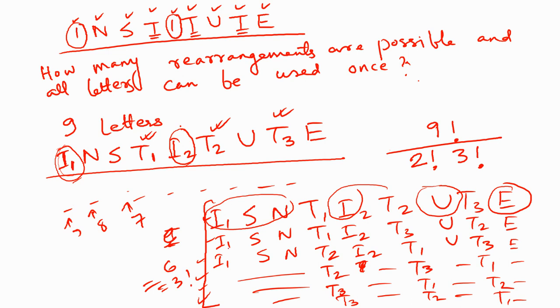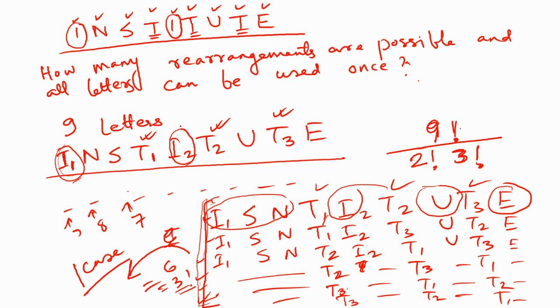But out of these 6 cases, that is 3 factorial cases, we need only one case, right? We don't need all the 3 factorial cases, because everything is the same. It doesn't matter whether this is T1 or T2 or T3, as long as T1, T2 and T3 are in these spots, we are fine with it. So for 3 factorial cases, we only need one. That is why we are dividing 9 factorial by 3 factorial.